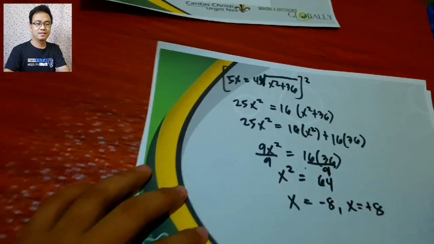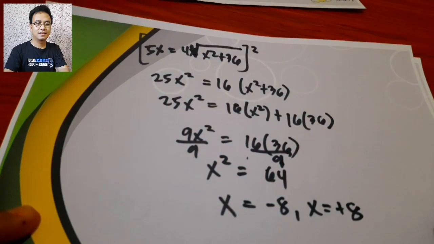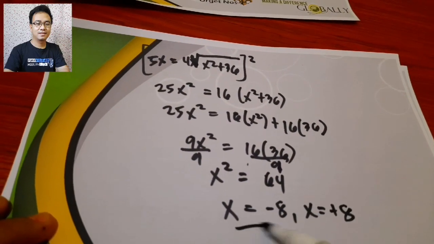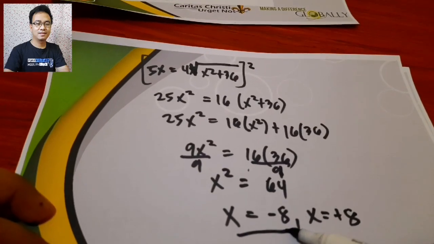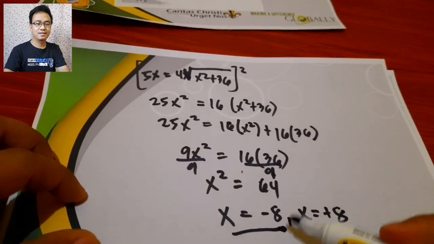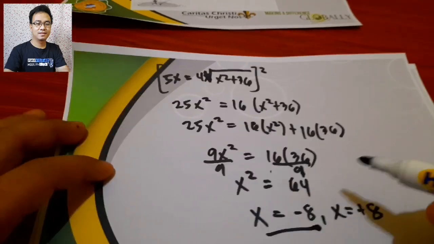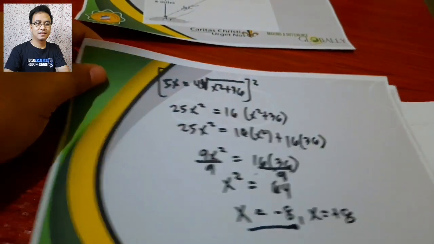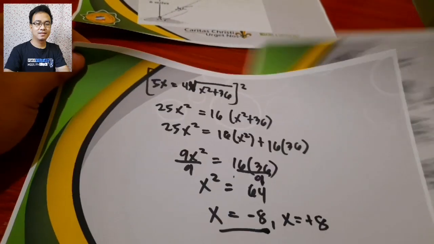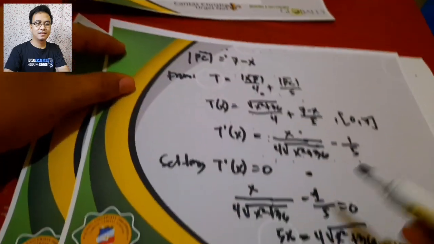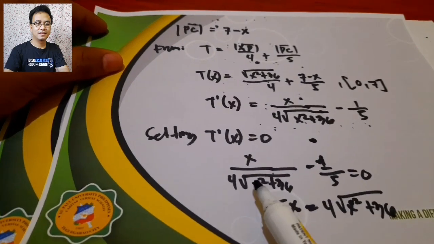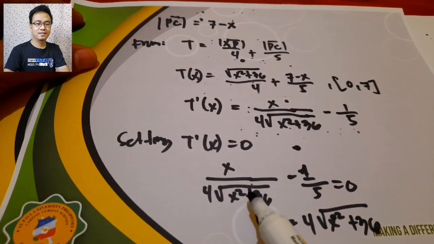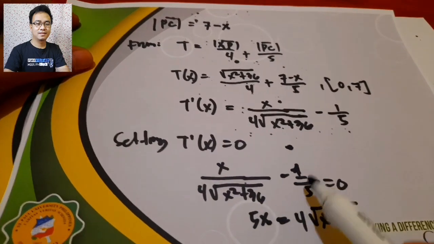Now this value, negative 8, is actually the extraneous root of our equation, x divided by 4 square root of x squared plus 36 minus 1/5.